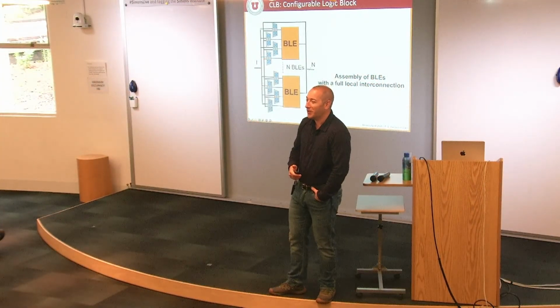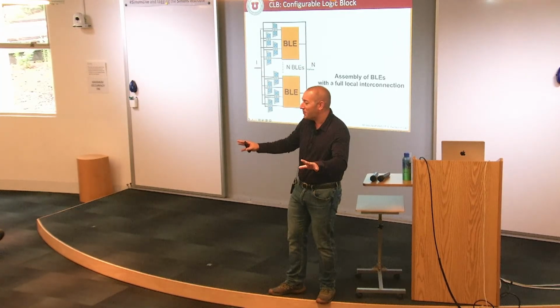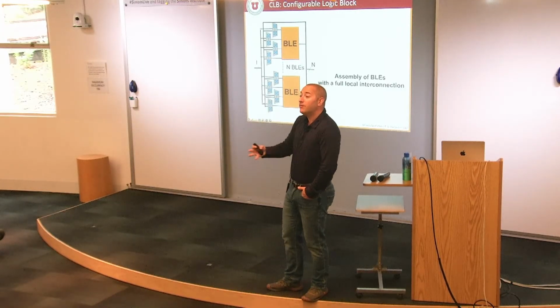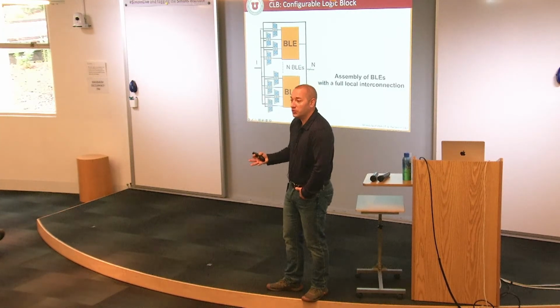K, N, I, all these parameters are sizing parameters for the FPGA fabric. There's been plenty of empirical and theoretical studies, well, not really theoretical studies, let's put it that way. It's completely empirical, based mostly on benchmarking, to identify the best parameters to use.